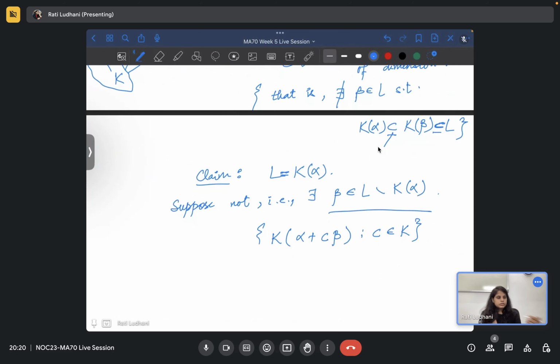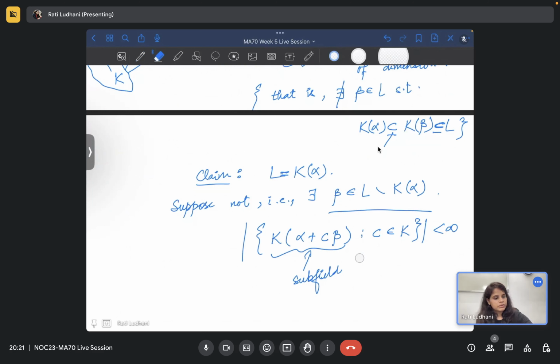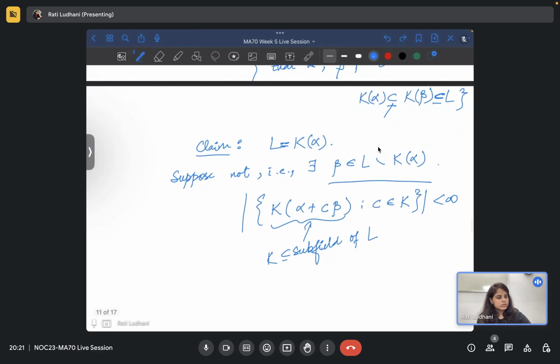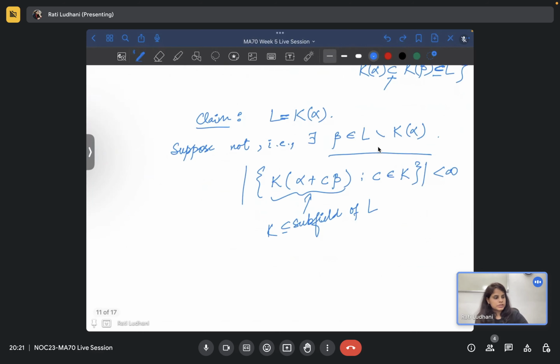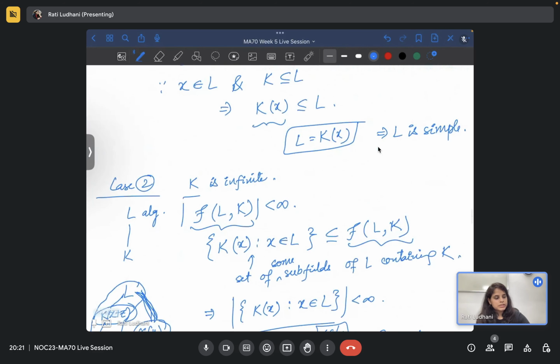Now this set again will be finite, because these are subfields, because alpha is in L, beta is in L, so this set will be in L. So these are subfields of L which contain K, of course, because K is there. So you have this set. Now although c belongs to K, since this is finite and K is infinite, we have assumed this case 2 says K is infinite.